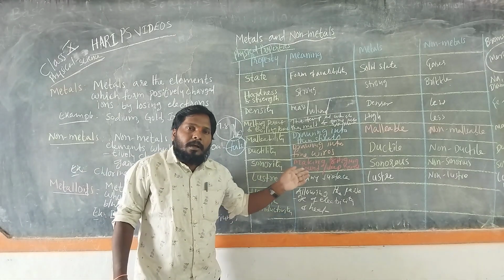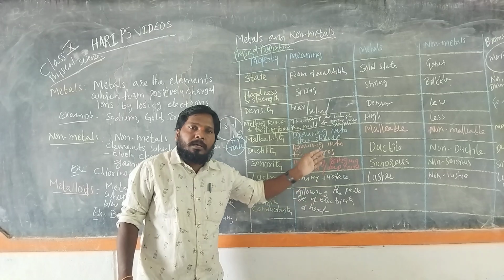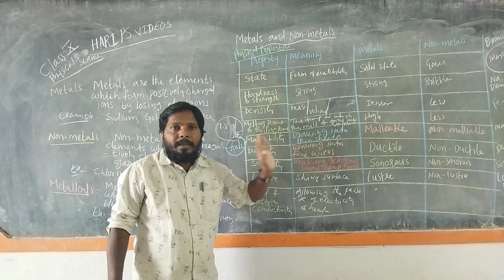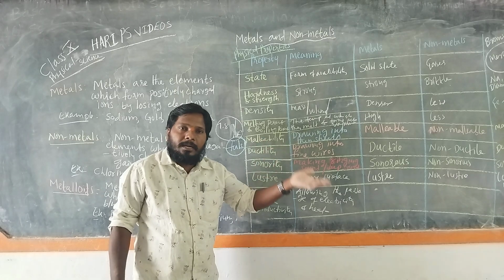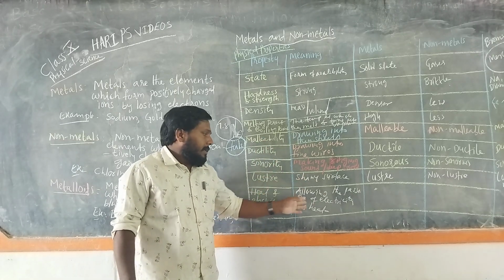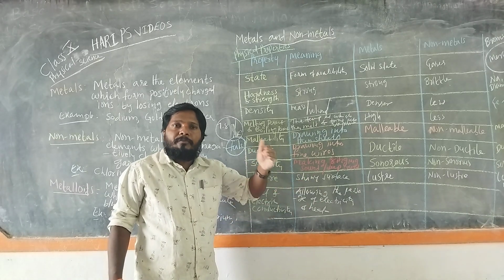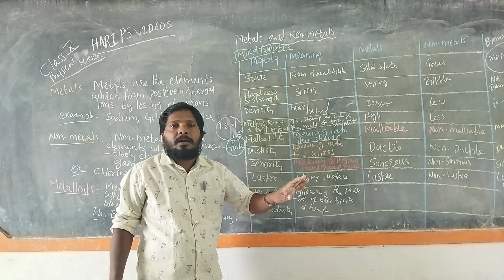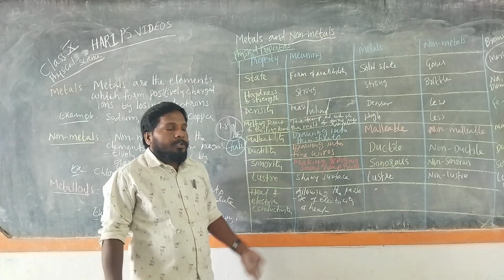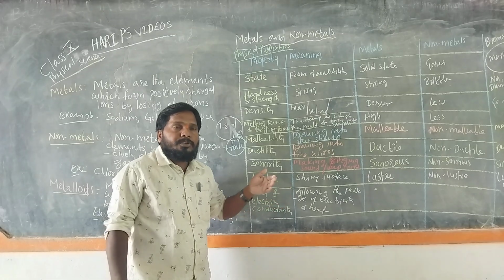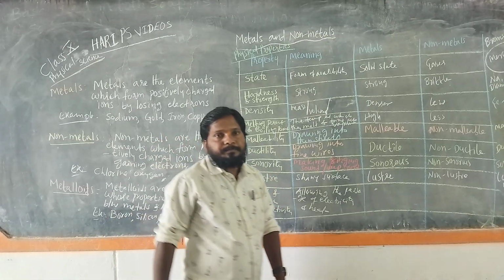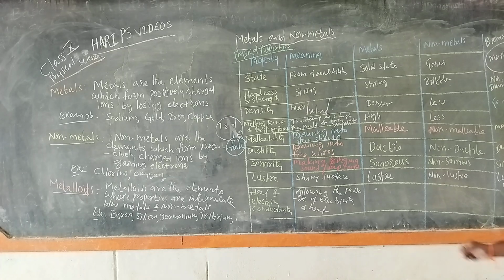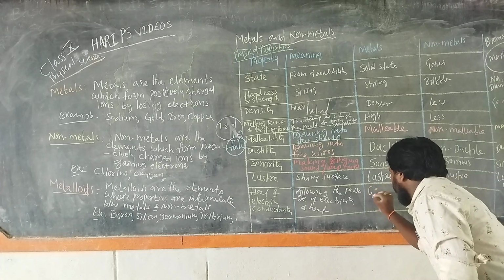The property of a material which allows electricity to pass through it is called electric conductivity, whereas the property of a material which allows heat to pass through it is called heat conductivity. Those materials which allow electricity and heat to pass are good conductors.